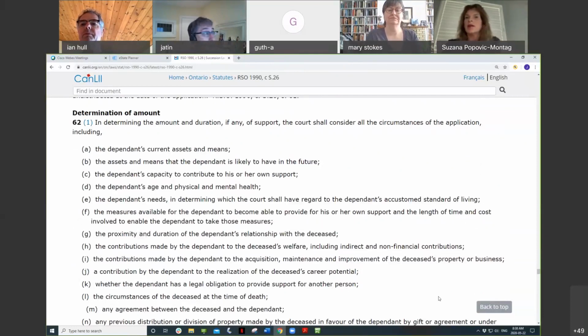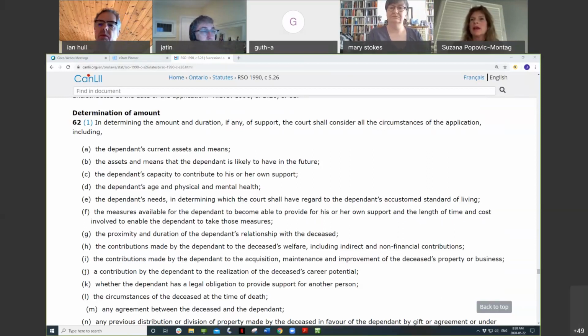Right, Ian, and that's a very objective determination. Ultimately, the courts are going to look at a whole determination of factors, and Jordy's just pulled them up on the screen here in terms of what kinds of things get taken into account. There's a long list of things that a judge can consider in defining what is adequate provision for the proper support of a dependent.